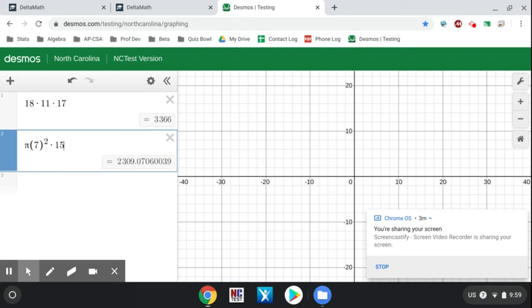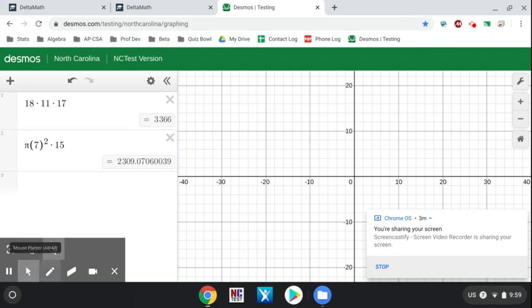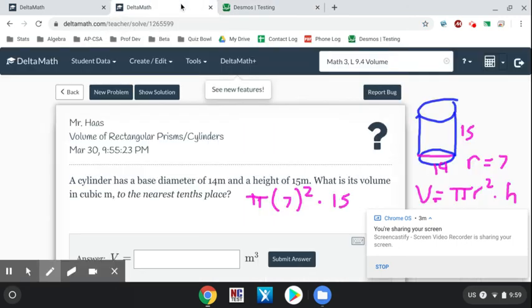Once again, if I'm rounding to the nearest tenth, that means I need to get rid of just one decimal place. So since that's a 7 right there on the line, that is going to round that up. So I'm going to have 2309.1 for my final. And that should be how you get the volume of that one.